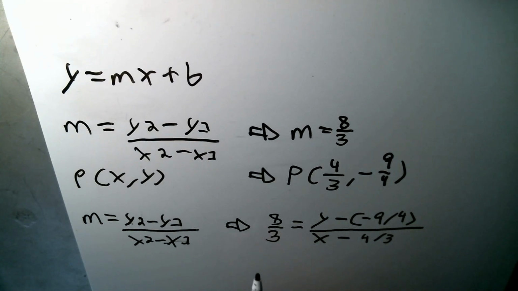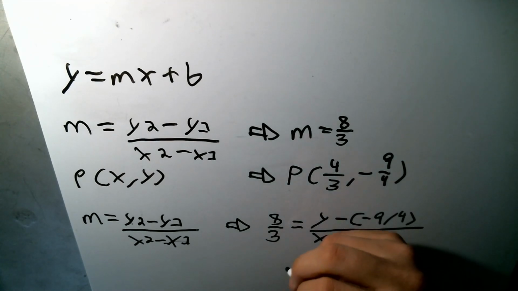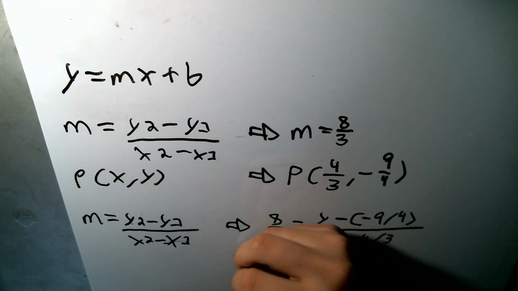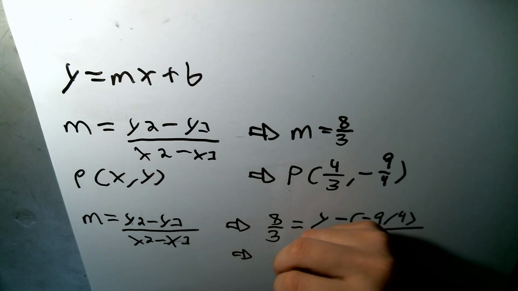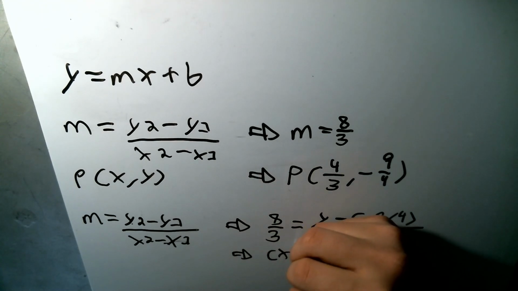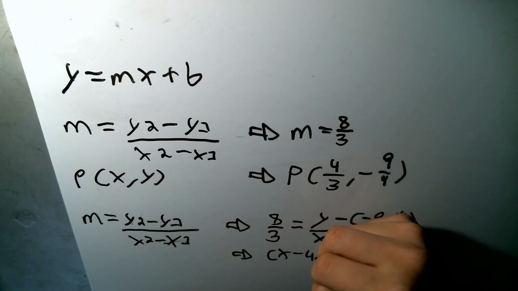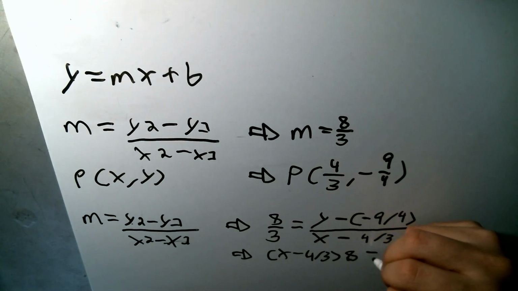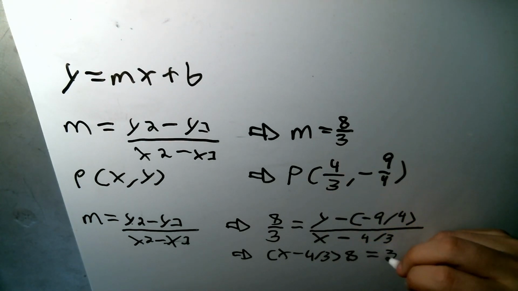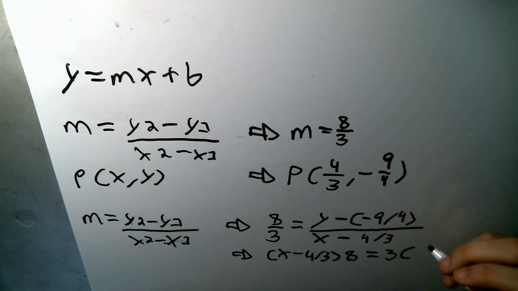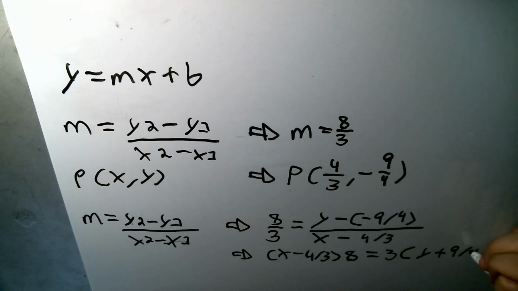We'll move it to the left side, but now multiplying, and the 3 on the left side, dividing, will go to the right side multiplying. So we will get 8 times x minus 4/3 equals 3 multiplied by y plus 9/4.